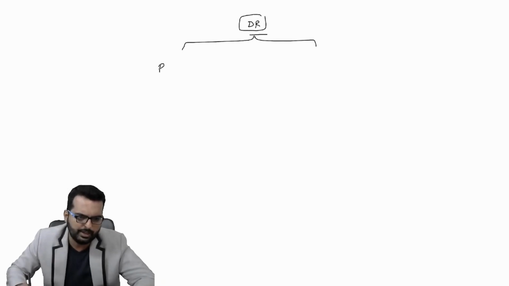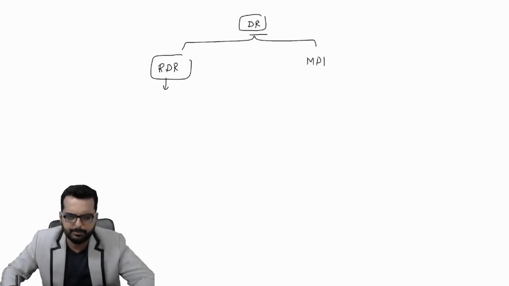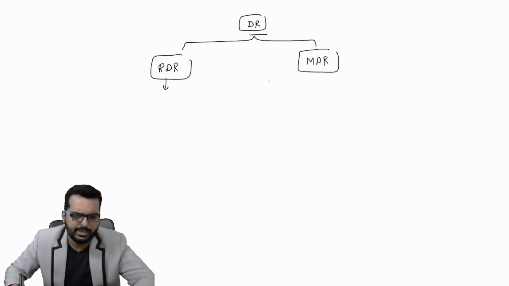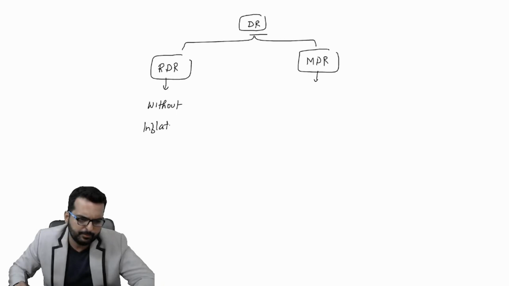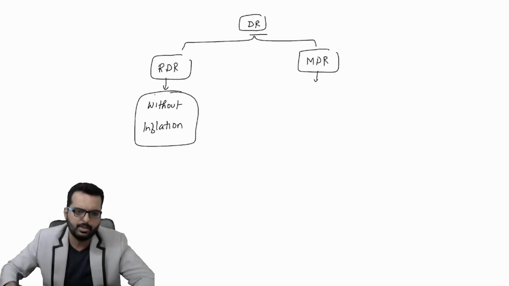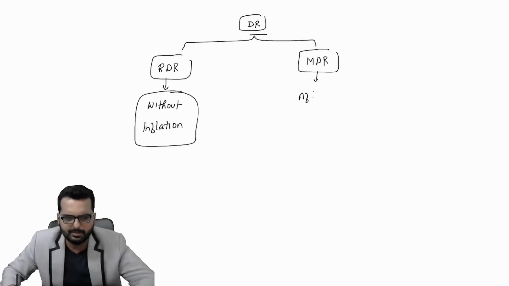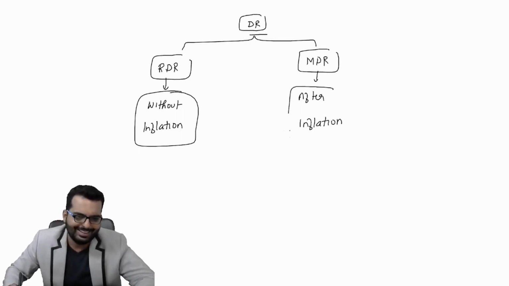DR is discount rate. RDR is what? Real discount rate. MDR is money discount rate. Real discount rate is without considering inflation, whereas money discount rate is after inflation. Everybody clear so far?